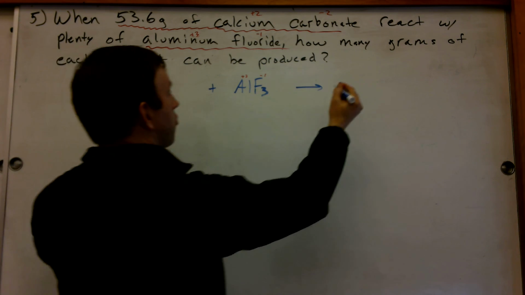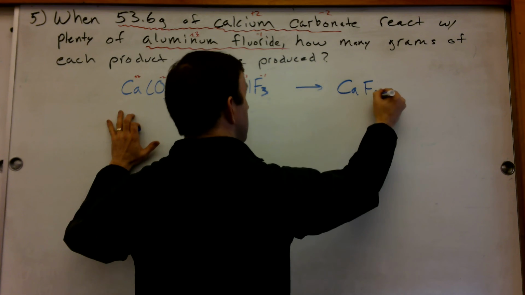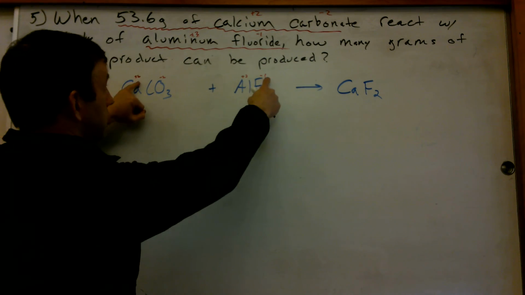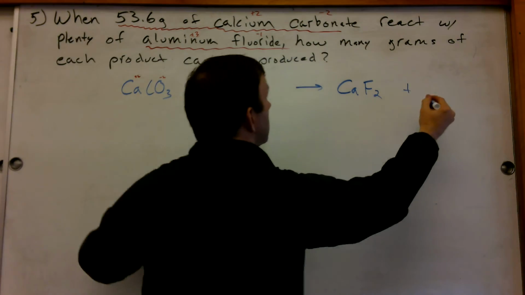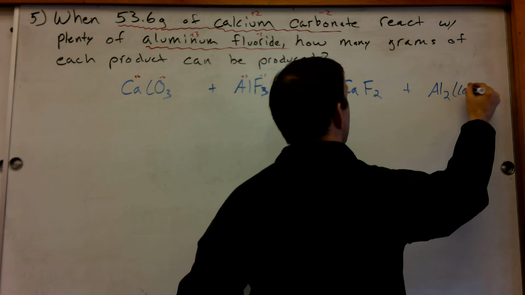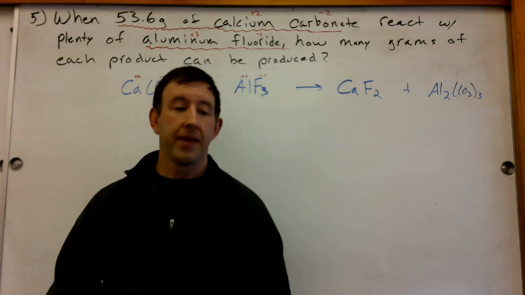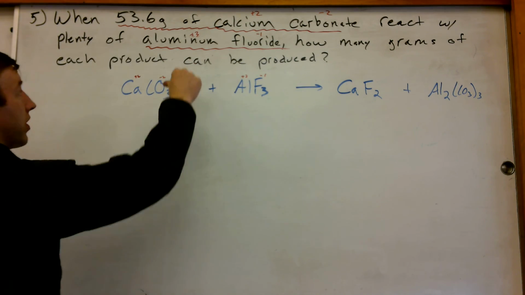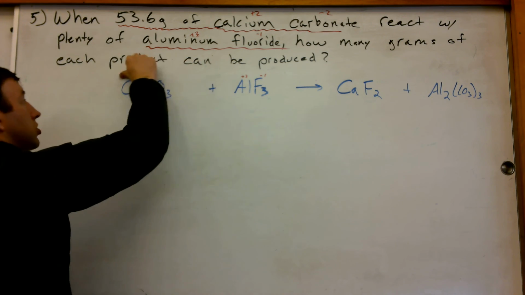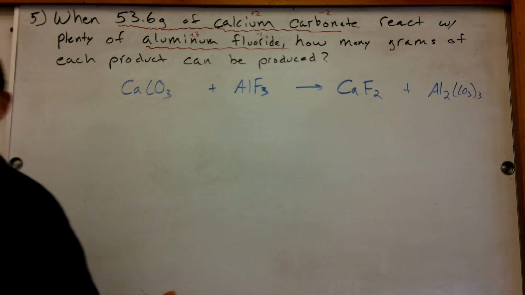My new formula on this side is going to be CaF2, because it's a 2 and a 1, plus Al2(CO3)3. That's my skeleton equation. Now I'm going to erase those charges just so they don't muddy the waters too much. So we've got that skeleton equation.